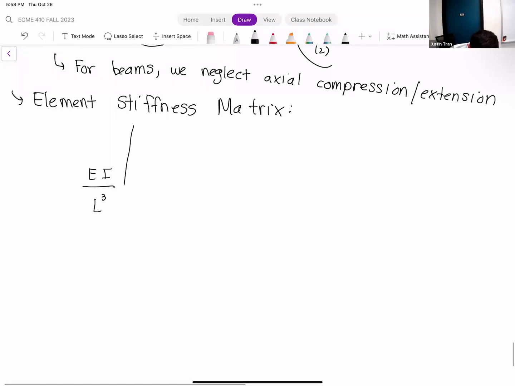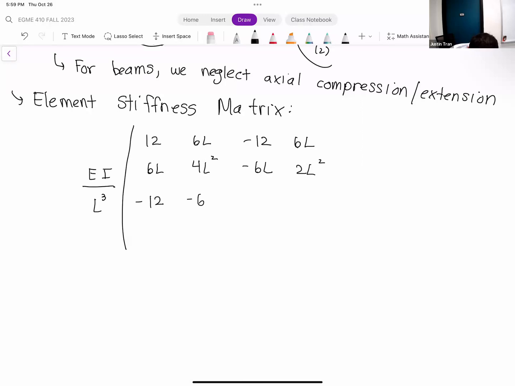And then inside here, we have a 12, 6L, minus 12, 6L, 6L, 4L squared, minus 6L, 2L squared, minus 12, minus 6L, 12, minus 6L, 6L, 2L squared, minus 6L, 4L squared.